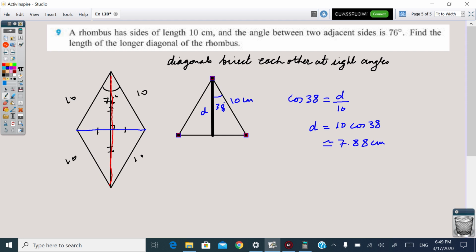So if this part is 7.88, then this part is also 7.88. So the diagonal is twice 7.88, and you get the answer and you know what this is.